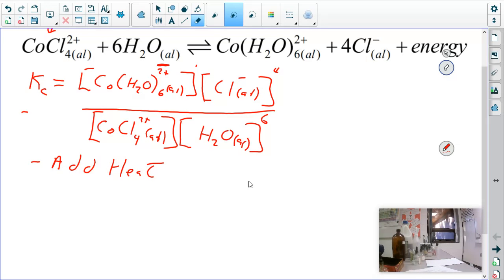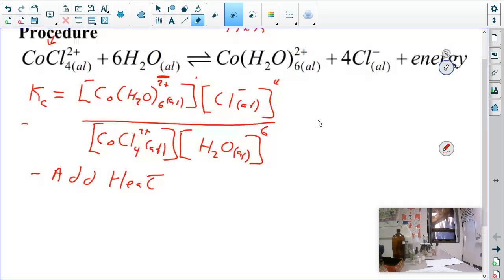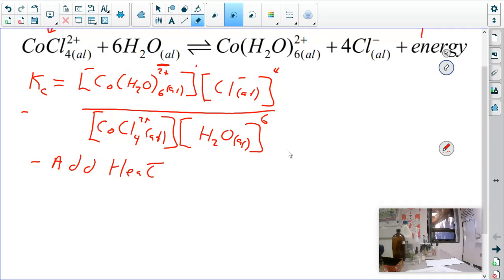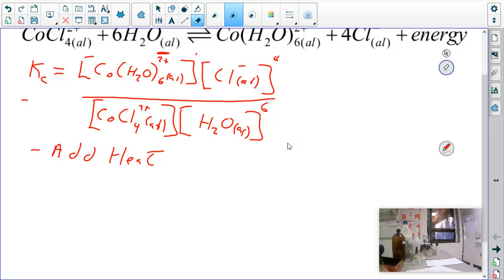So the first thing that I'm going to do with this lab is add heat to it. Okay? So when we look at this system, adding heat can be thought of as adding a product to the system. So adding a product to this system, we're going to speed up the reverse reaction in comparison to the forward reaction.